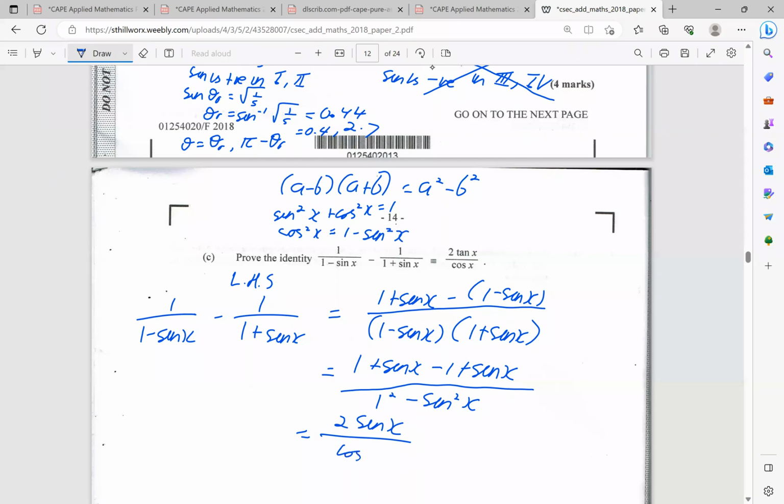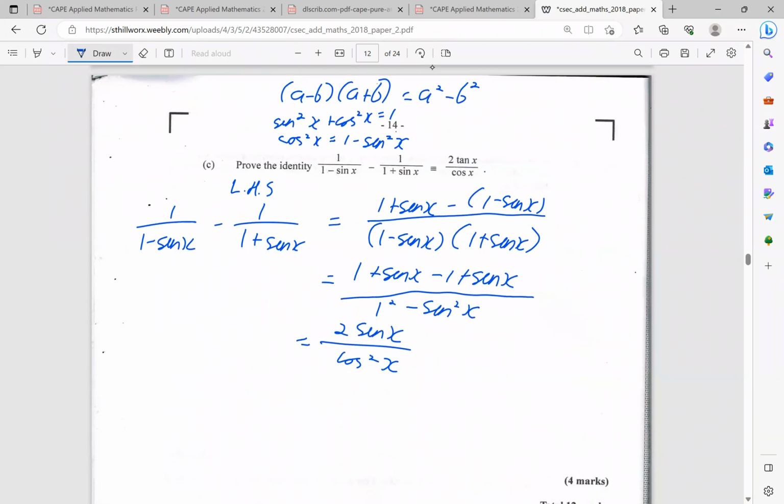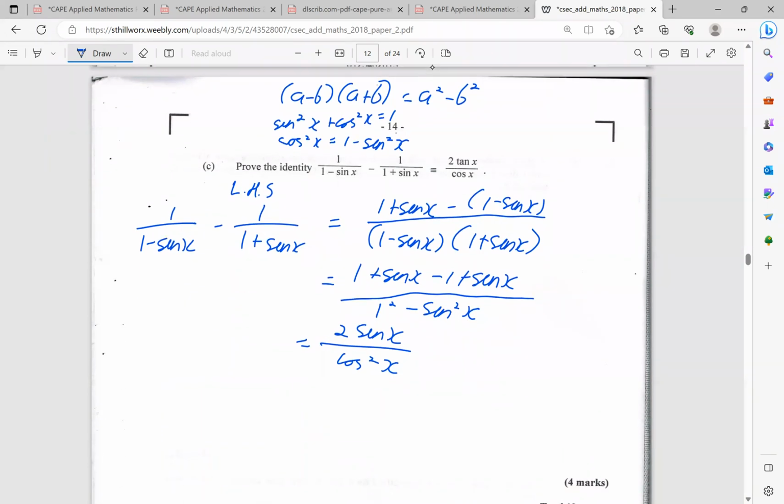So I'll get cos squared x below. Now here's the issue. This is as far as I could go. What can I do? I see in here, this is only cos x. So I'm actually going to break it down. I'm going to get 2 sine x over cos x, cos x.